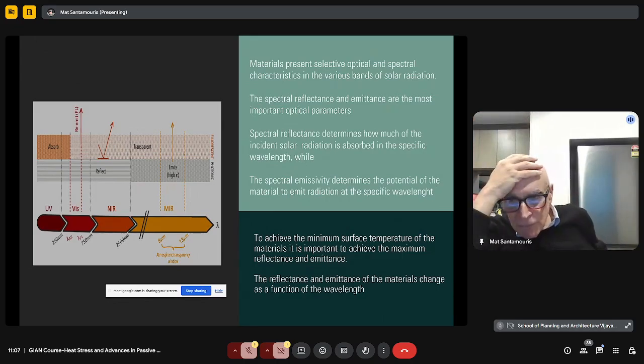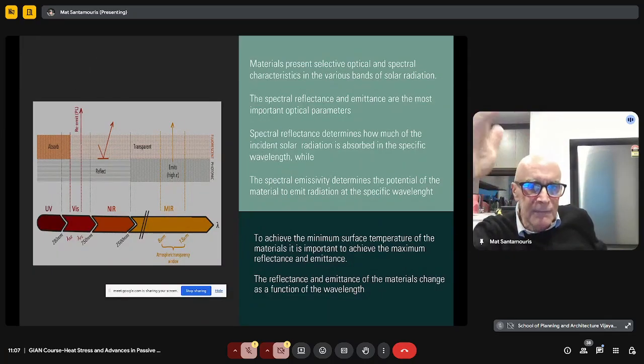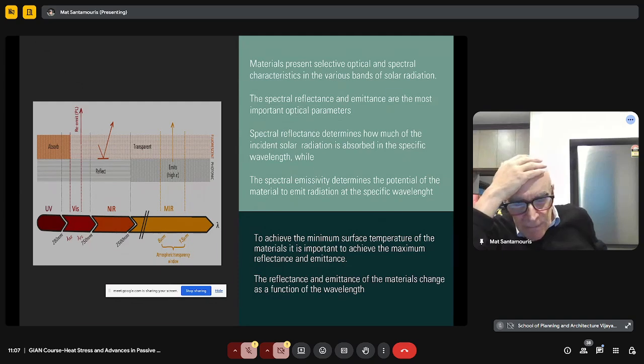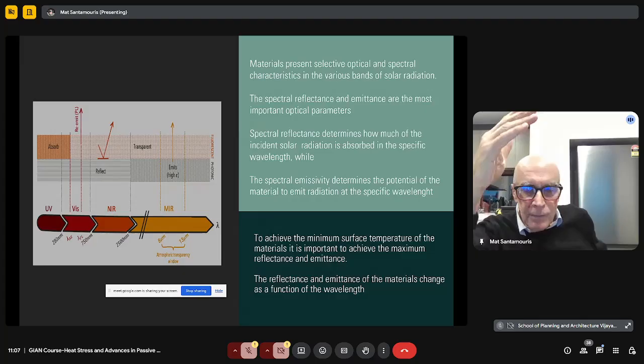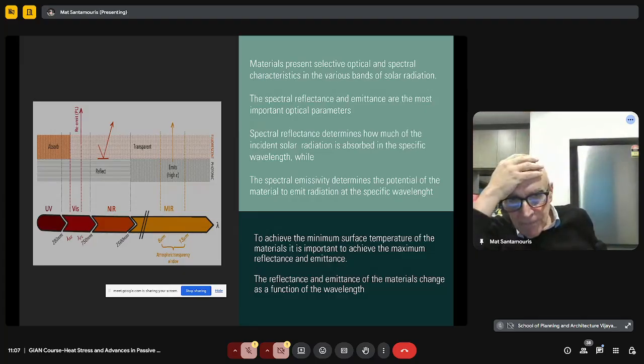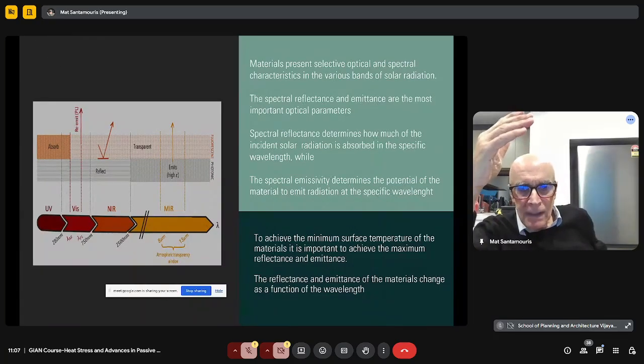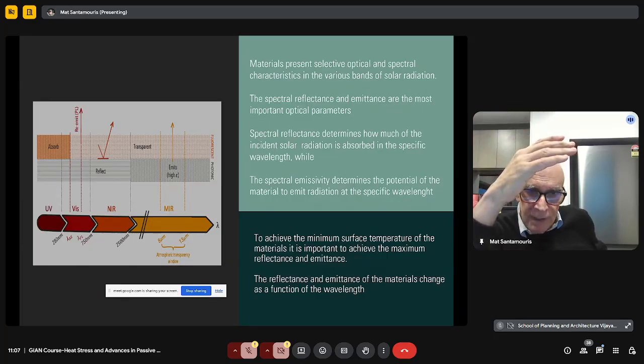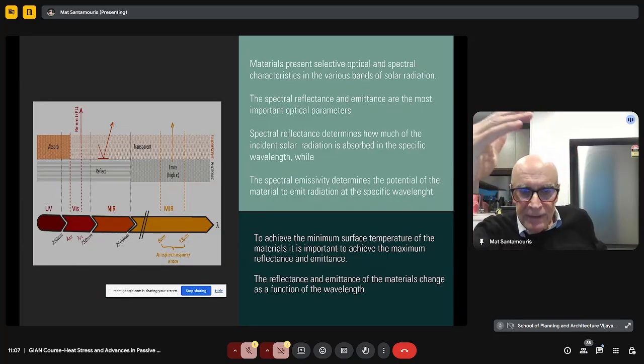To achieve the minimum surface temperature of the materials, it is important to achieve the maximum reflectance and emittance. Why? Because by having the maximum reflectance, the materials absorb the minimum of solar radiation. And why emittance? Because the materials have the possibility to emit, to dissipate the heat which is stored in their mass. Every material emits infrared radiation, not in the same way, but every material emits infrared radiation.